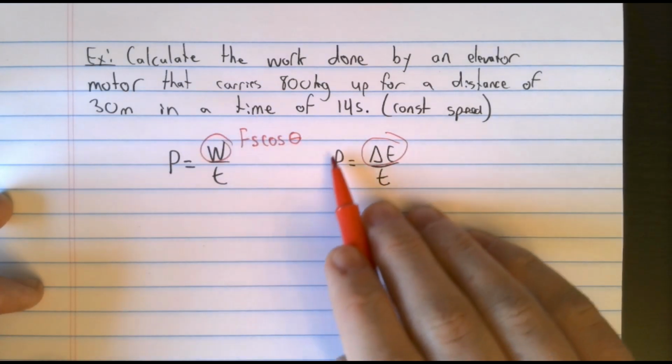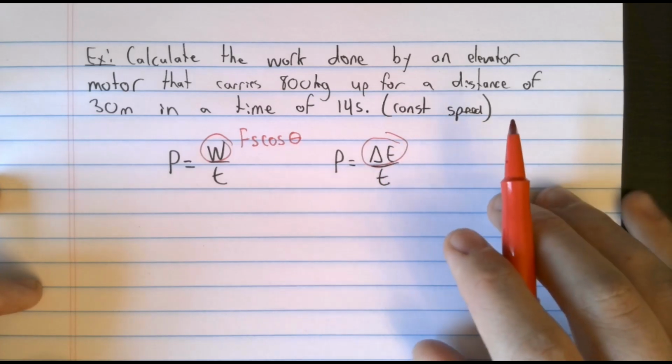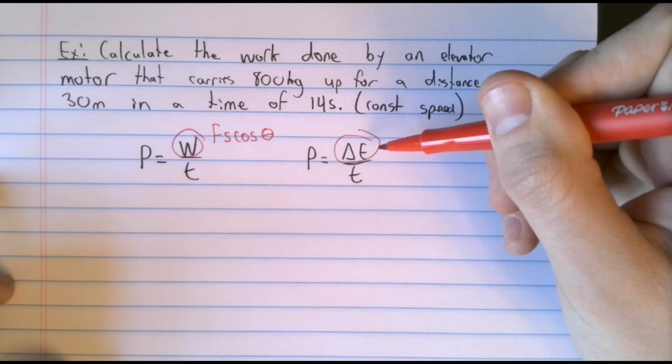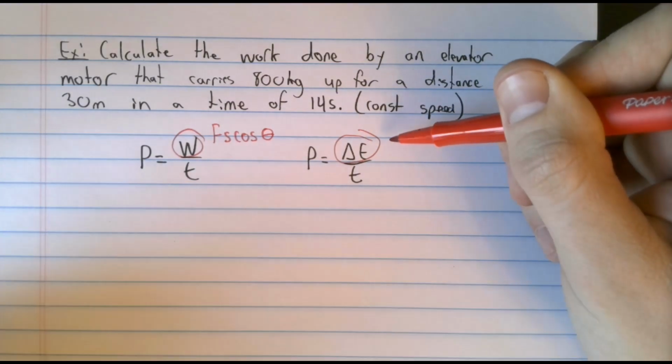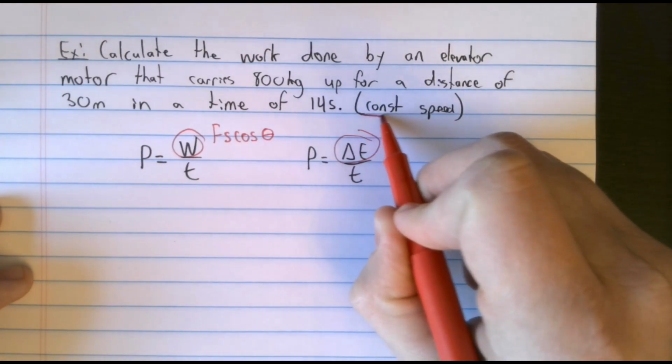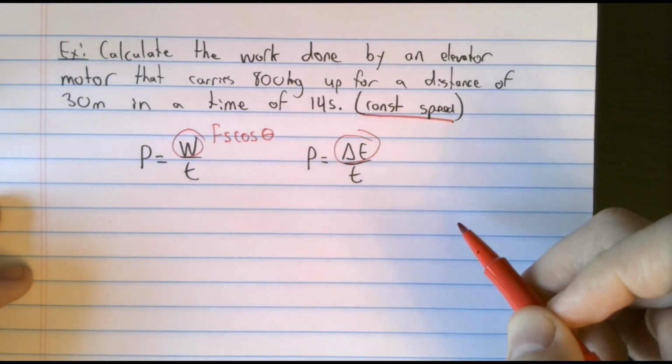In doing so, I'll go over here. We'll find that it's actually technically the same equation, but our change in energy. We know that the kinetic energy is not changing. The kinetic energy remains constant because our velocity remains constant.